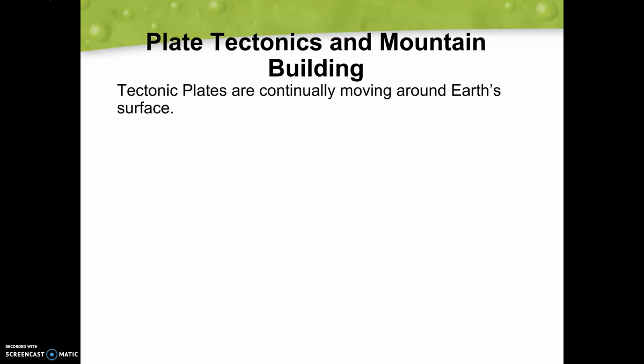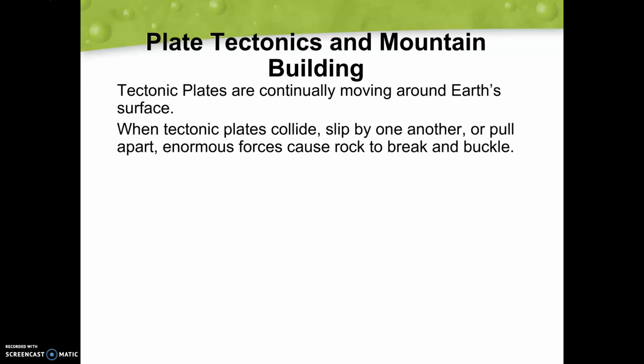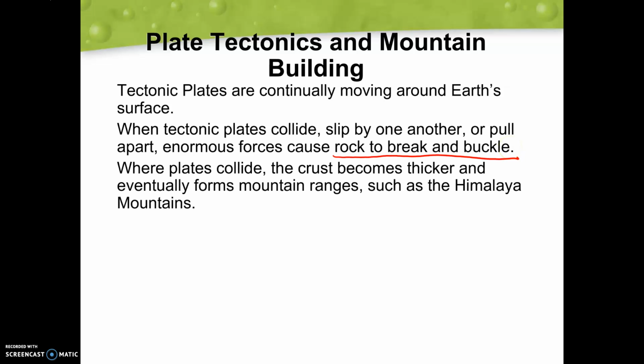If we're talking about mountain building here, tectonic plates are continually moving. And when these plates collide or slip by one another or pull apart, the force causes rock to break and buckle. That's what's going to cause these different movements along our plate lines.